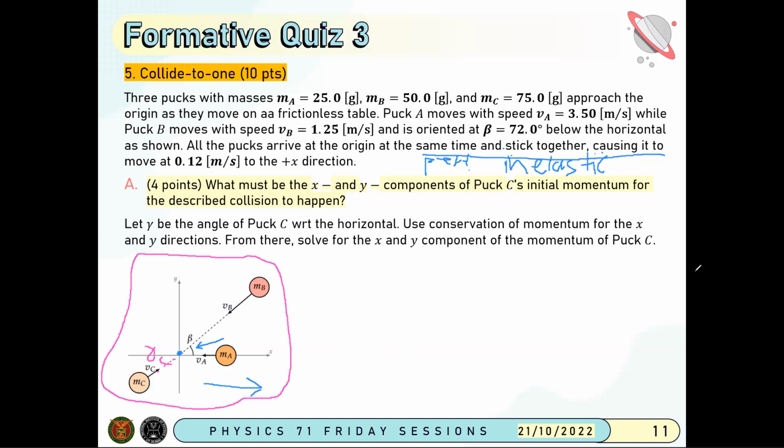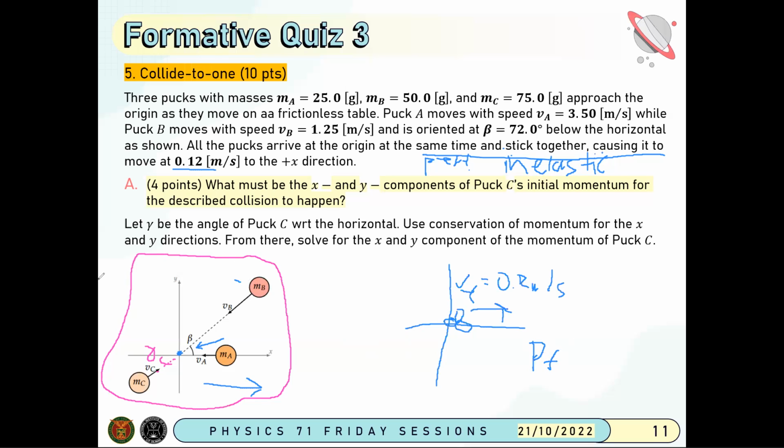Ang final state will be that they stick together, and they move at a speed of 0.12 meters per second. V sub F. So this is now your final state and this is your initial state. Okay. So here you will define the P_F, the final momentum.